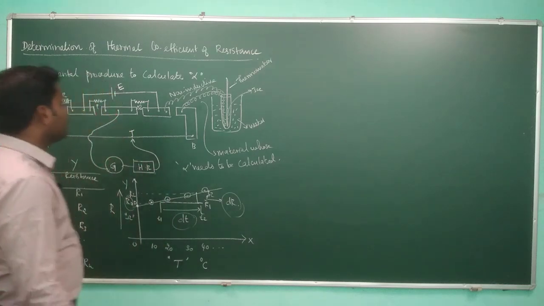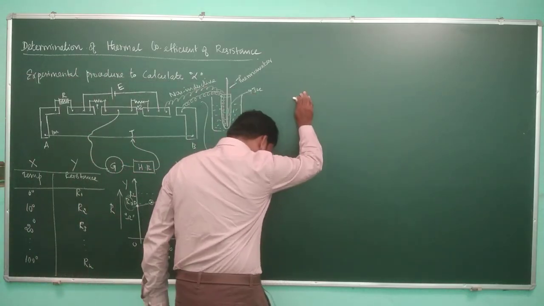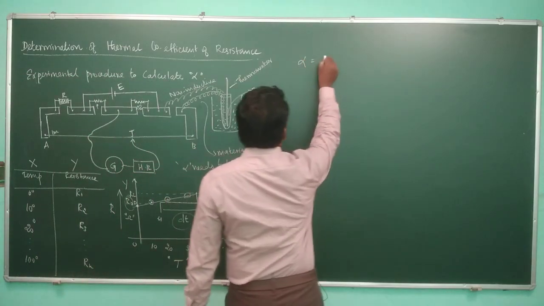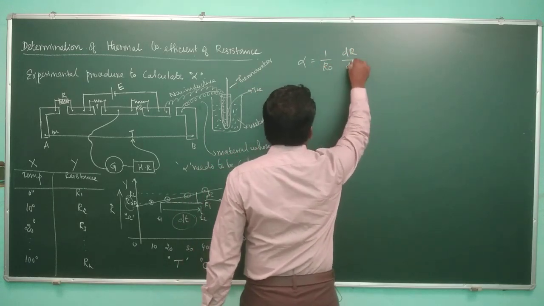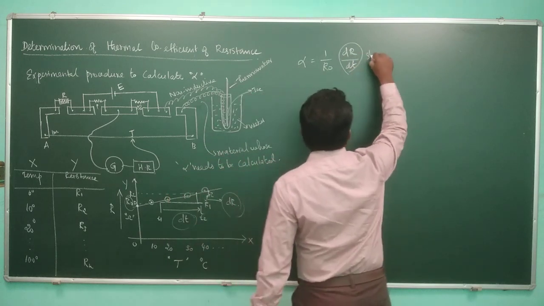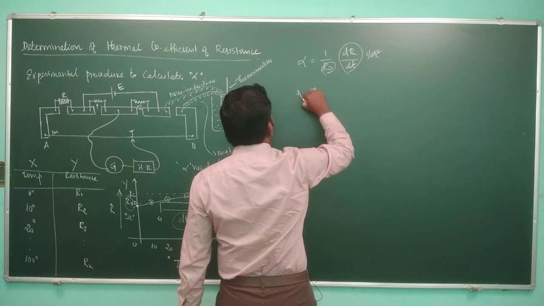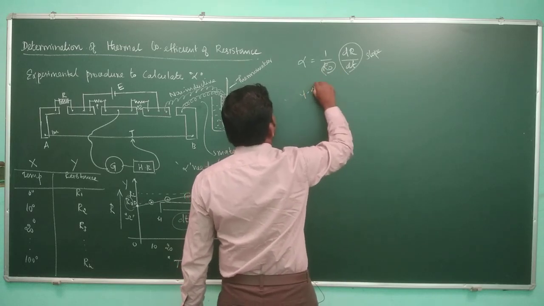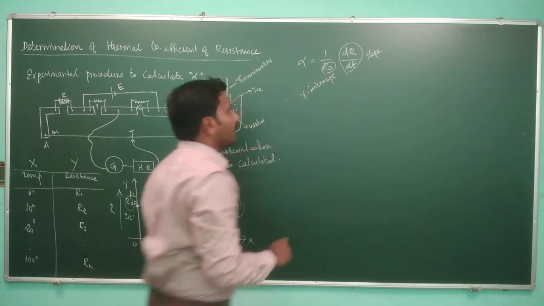So now we have got dR, dT, and R0. Now we can apply them in the equation for the thermal coefficient of a given material that we have obtained as alpha, which is equal to 1 by R0 dR by dT. Here dR by dT we can obtain from the slope, and R0 we can obtain from the y-intercept of the graph.